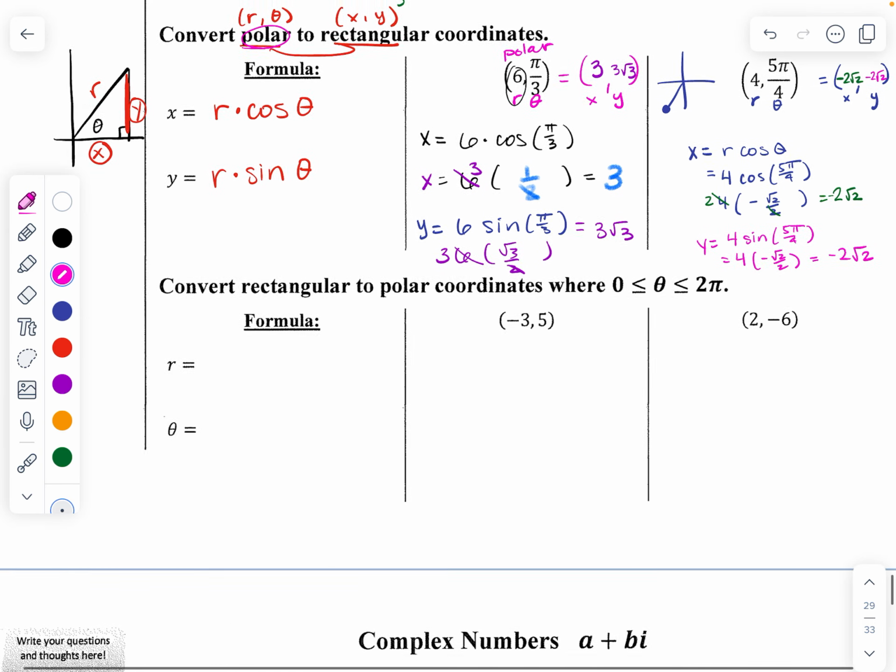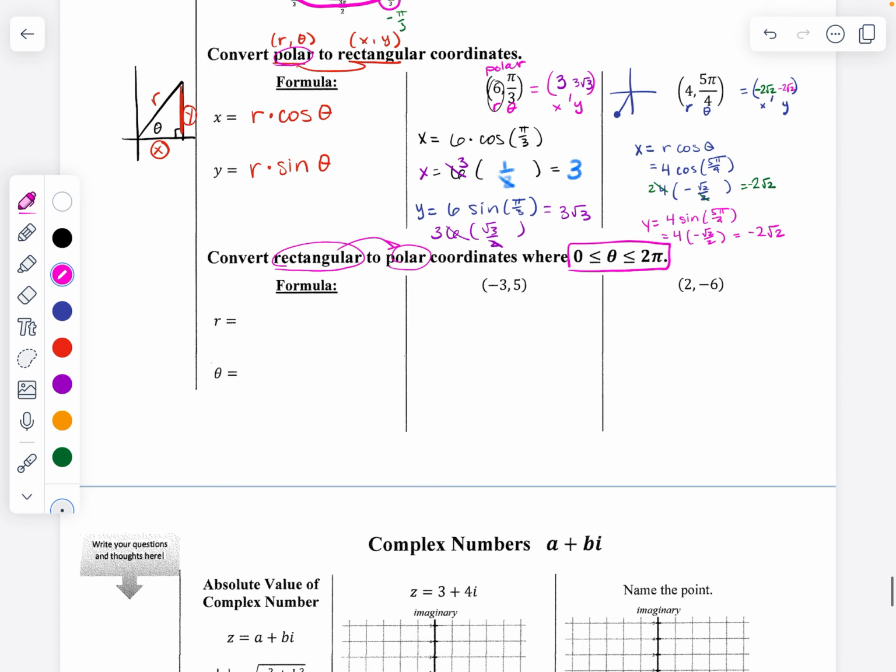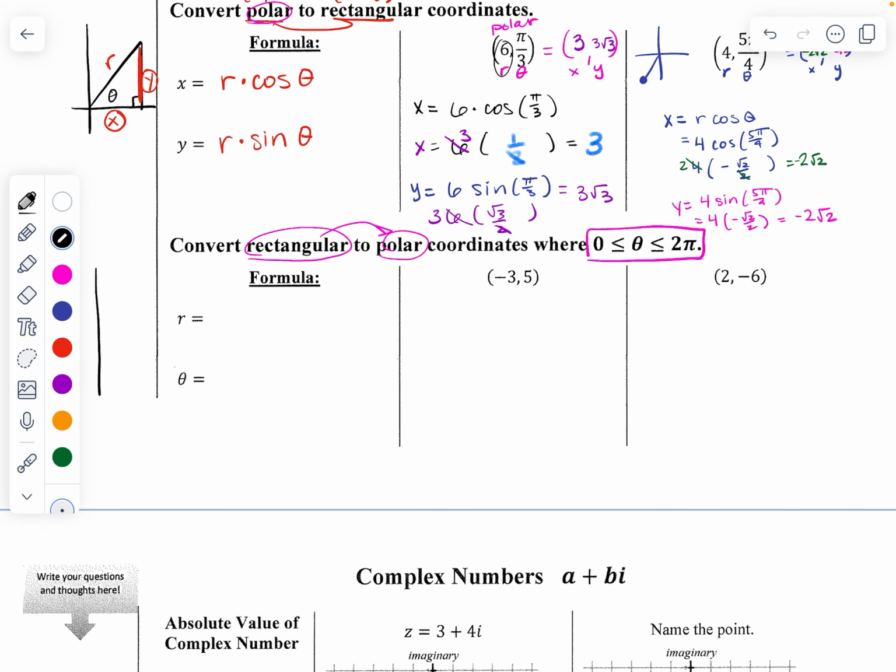All right, so if we know how to go from polar to rectangular, let's see if we can go back again. Let's go from rectangular to polar, specifically where the circle is just within one circle, so it's restricted. We don't have to worry about forever. So just like we had before, that same angle, okay, we have theta, and we had x and y and r.